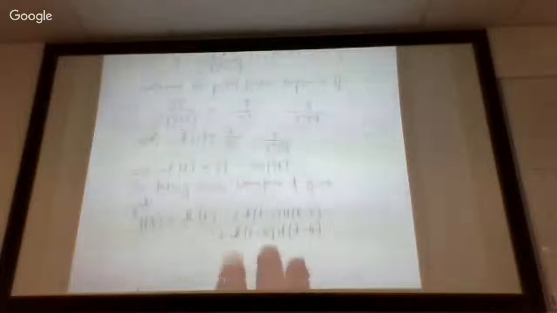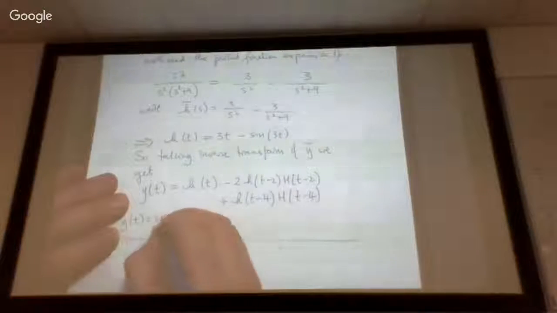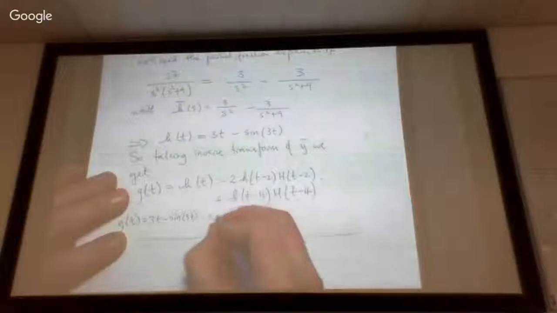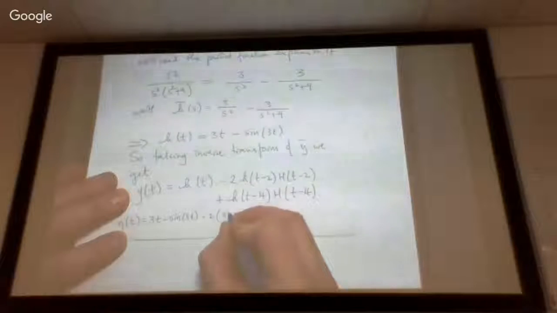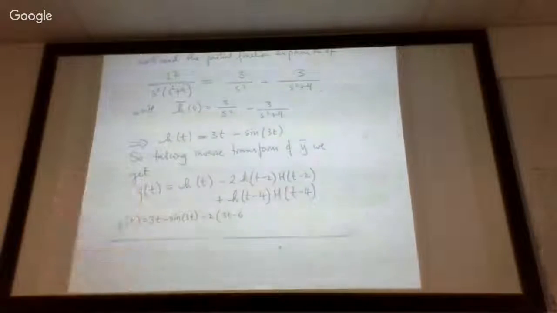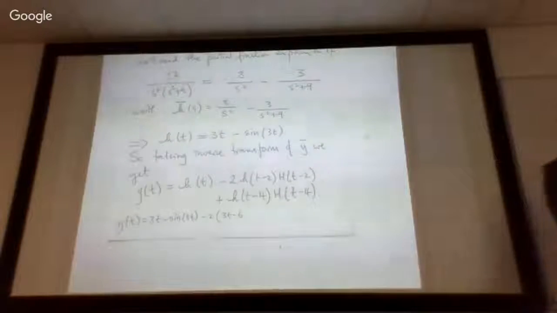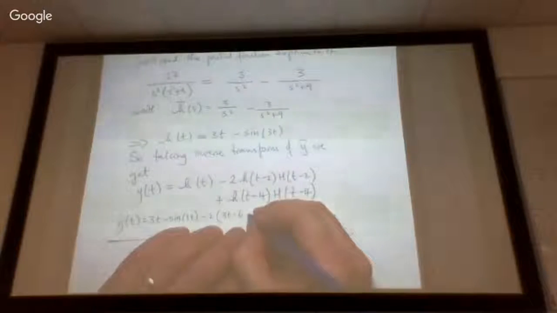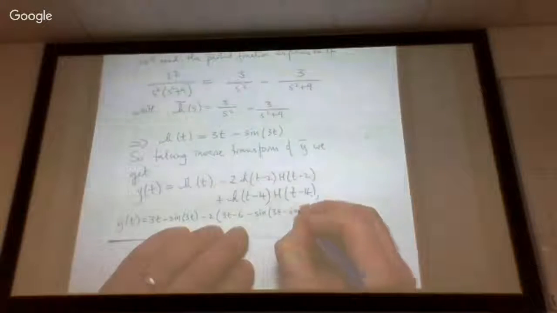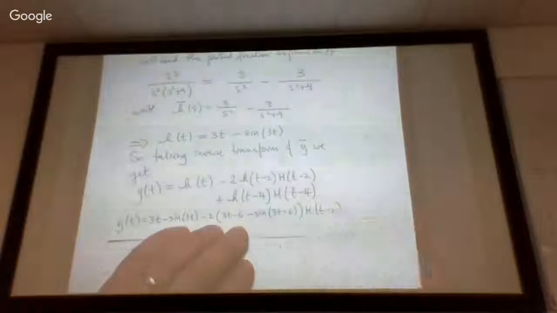So where h of t is this expression here, i.e. you get y of t being 3t minus sine of 3t, minus 2 times 3t minus 6, because it's 3 times t, but this time you're evaluating it at t minus 2, so it's 3t minus 6, minus the sine of 3t minus 6 again, and that's all multiplied by Heaviside h of t minus 2.